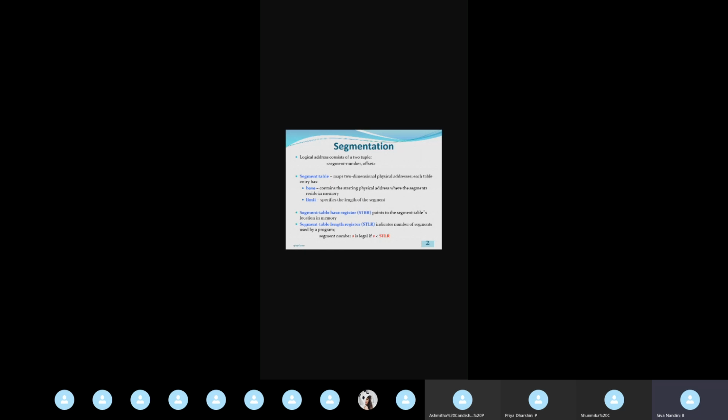If the generated segment is 5, we'll be checking the condition 5 less than 10. The condition is satisfied, so it can access the program's data. If the generated segment number is 12, the condition 12 less than 10 is checked, and the condition fails. So in the particular program there is no such segment number 12 available. Likewise, we'll be checking the segment number with the segment table length register.